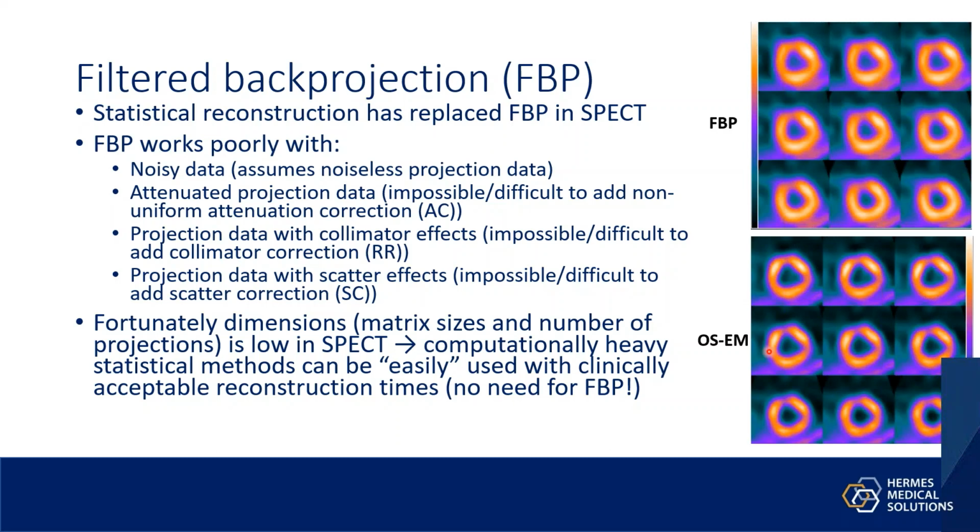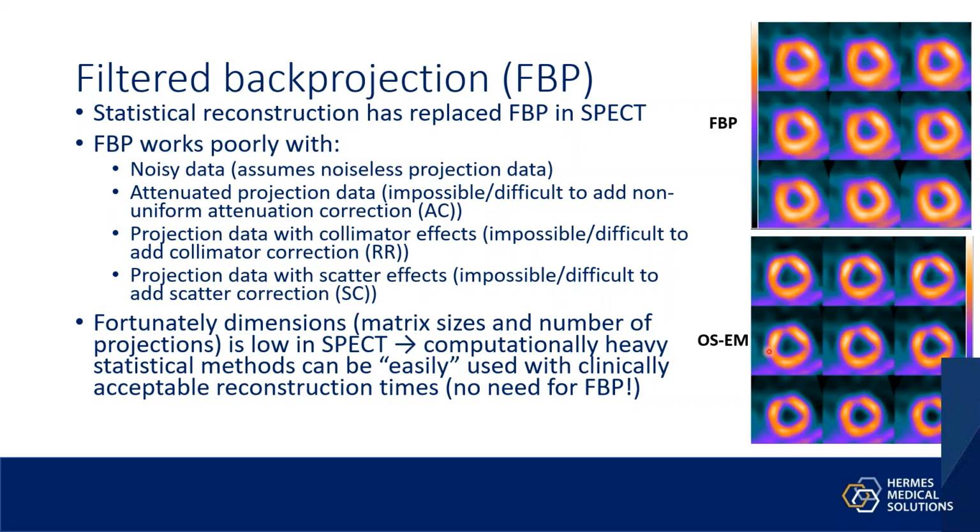Fortunately, the matrix sizes and the number of projections are very low in SPECT and PET when you compare, for example, to CT, where we use 512 by 512 matrix sizes and have several hundred slices. In SPECT and PET, the dimensions are much smaller, and even though the statistical reconstruction methods are computationally very heavy, due to the small dimensions we still can reconstruct the images in clinically acceptable times.